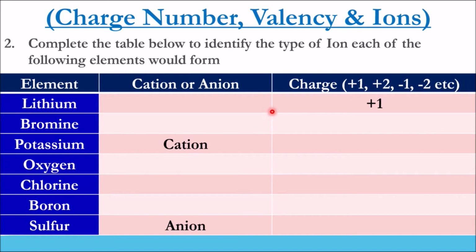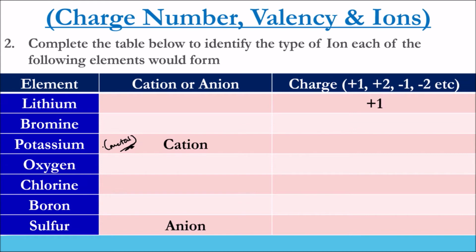Okay, so the next question we want to look at is, by completing the table, name the type of ion that forms with these elements and look at the type of charge that would form when they have a cation. Let's fill in the potassium and the sulfur first. Now potassium is a metal. Keep in mind all metals will give their electrons away.